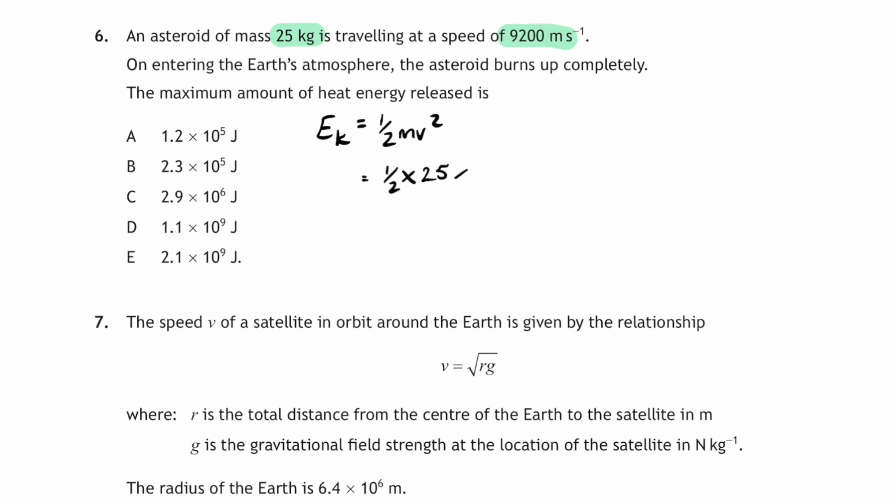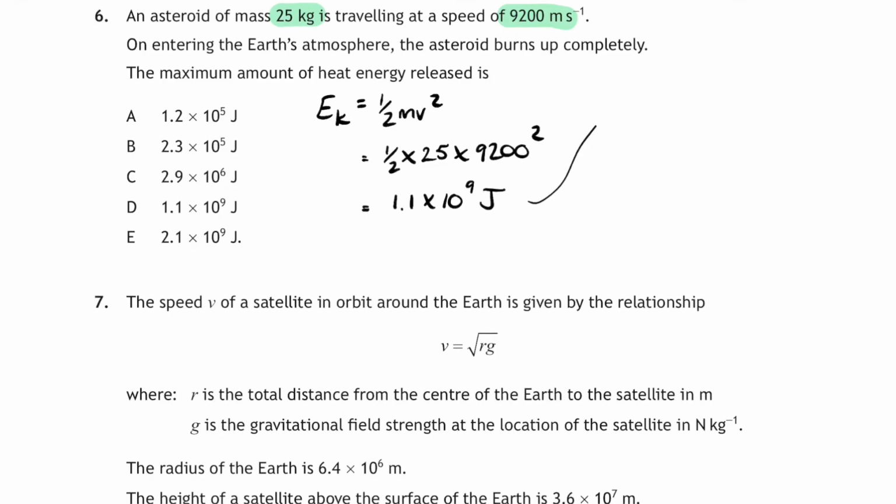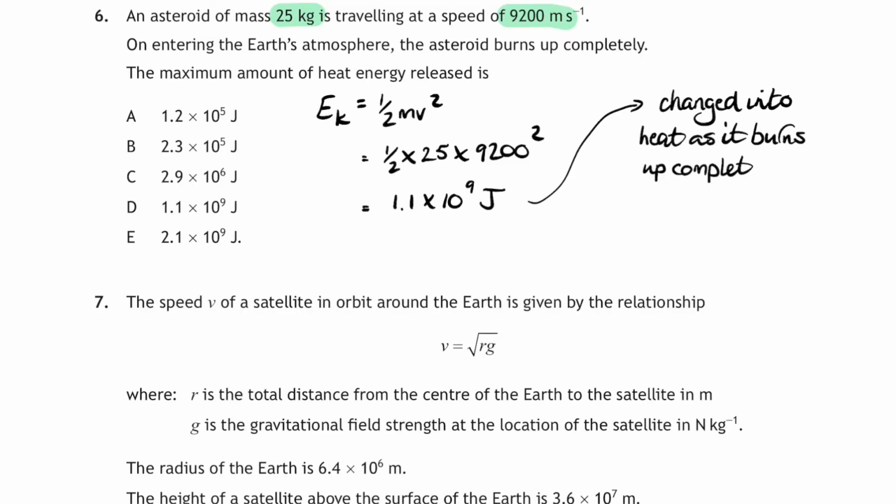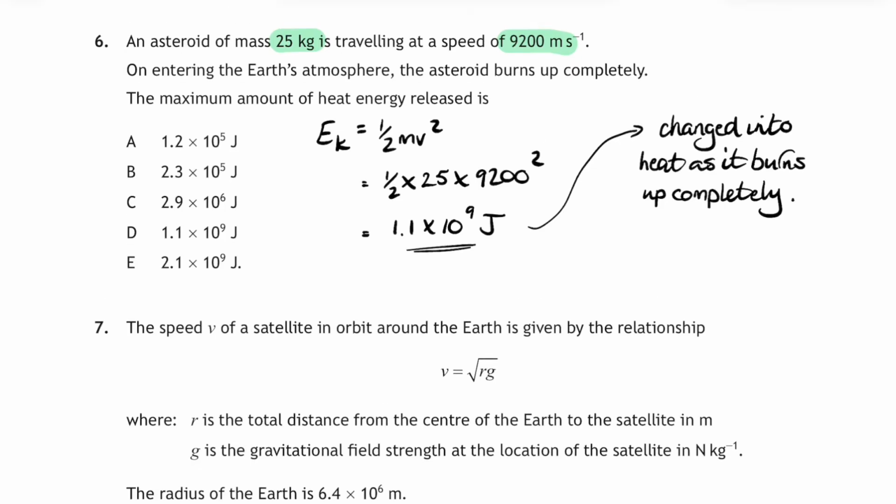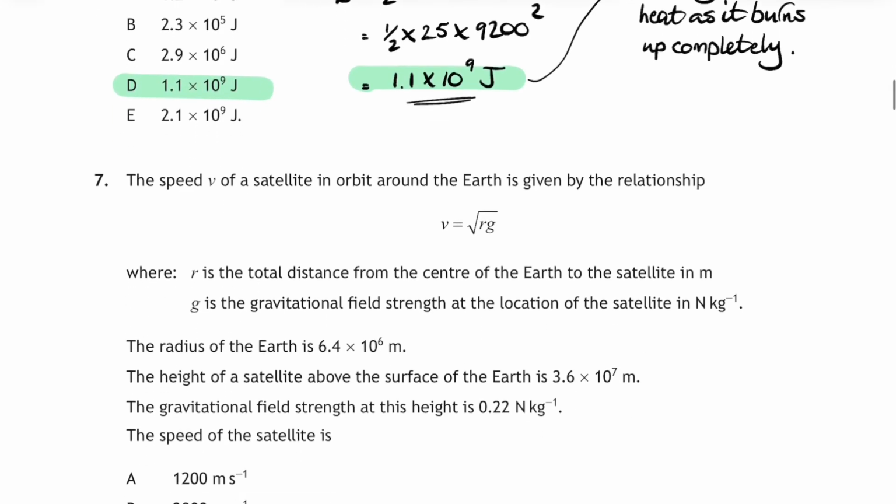That's a half times 25 times 9,200 squared. That gives us 1.1 times 10 to the 9 joules, and all of that kinetic energy will be changed into heat energy as it burns up in the atmosphere. So the heat energy released will be the same as that. It's 1.1 times 10 to the 9 joules. That corresponds to answer D, 6D.